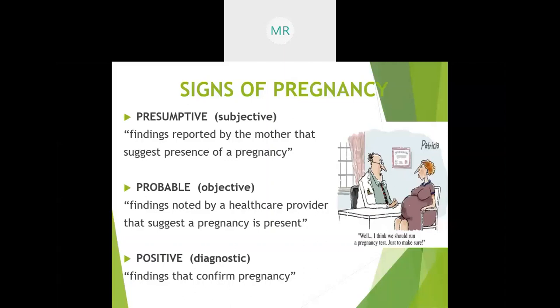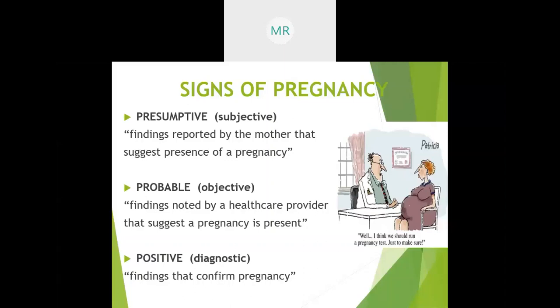So with that being said, a positive pregnancy test will stay under probable because there are only three findings that will confirm a positive sign of pregnancy. It's objective, I could see it, but because it could be caused by a molar pregnancy, which doesn't have a heartbeat, so it's not a true pregnancy, we leave the pregnancy test as being probable.